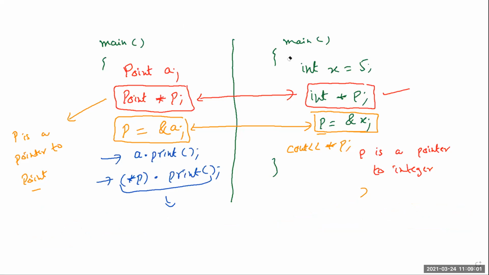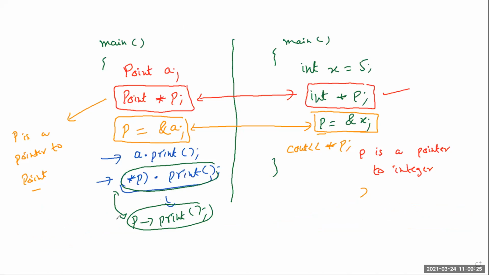And what is that? Instead of this, you can write the name of the pointer, which is P, and you can put this arrow. How do you put this arrow? On the keyboard you have the hyphen and the greater-than symbol, and then you can call this function. Both of these statements are the same thing with a different syntax.